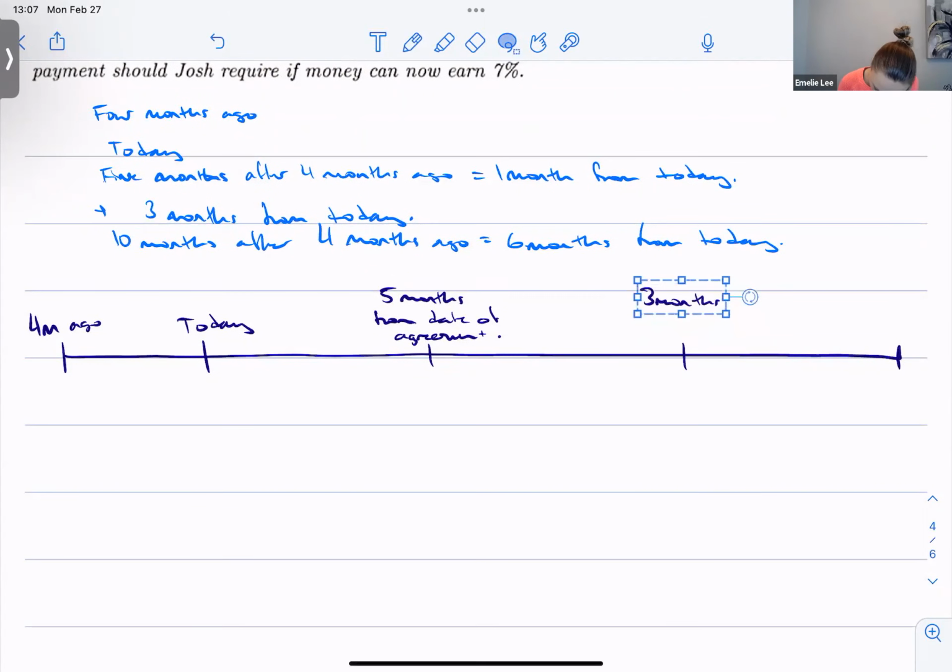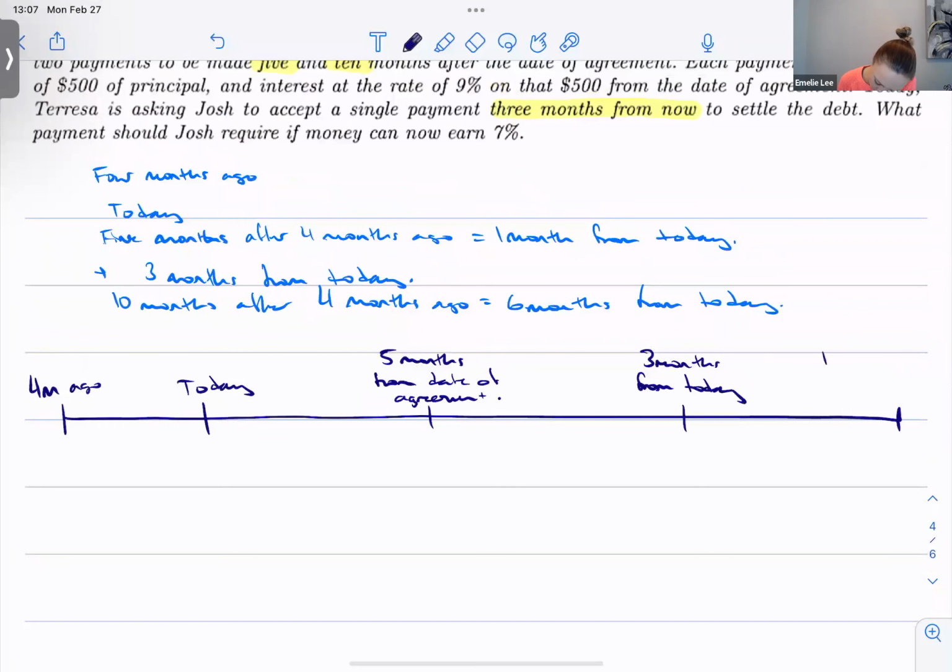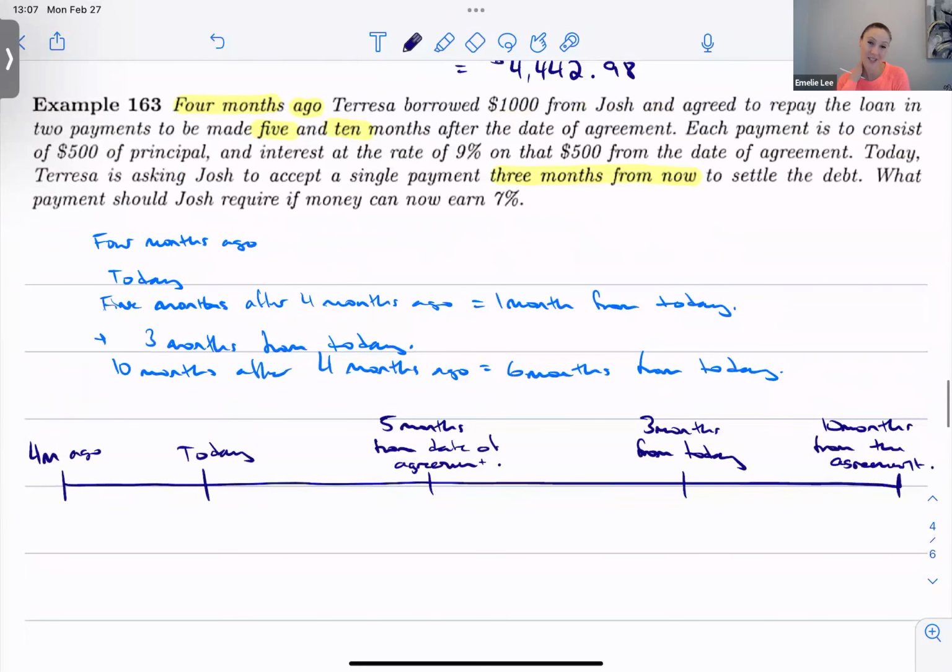And then we have 10 months from the agreement. So those are the time points. And like I said, that's going to take a lot of practice, reading these and trying to sort out all the dates. But we did it.